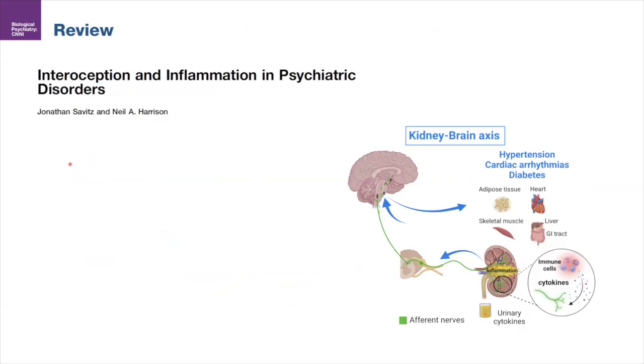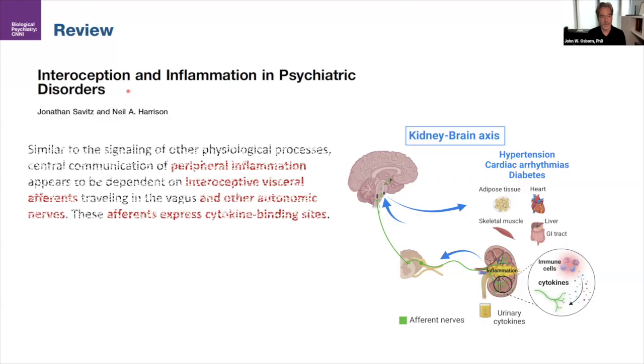Now, this is a recent review that talks about interoception, and this gets into what we haven't typically thought about, and that is in terms of the mental state or emotional well-being. And the idea in this review is that, similar to signaling of other physiological processes, central communication of peripheral inflammation in the organs is dependent on interoceptive visceral afferents traveling either in the vagus nerve or other autonomic nerves.